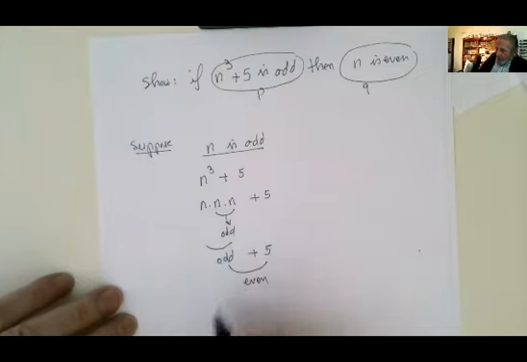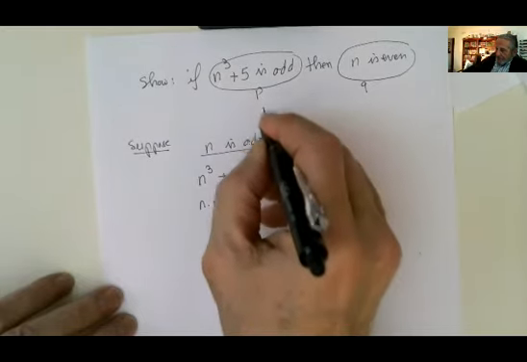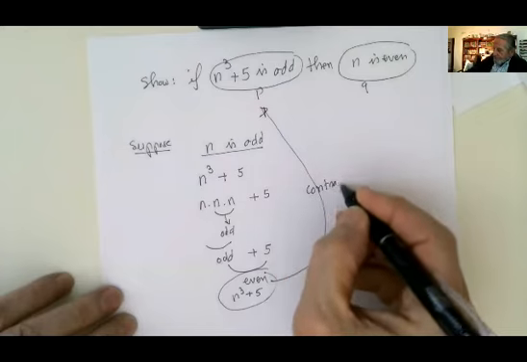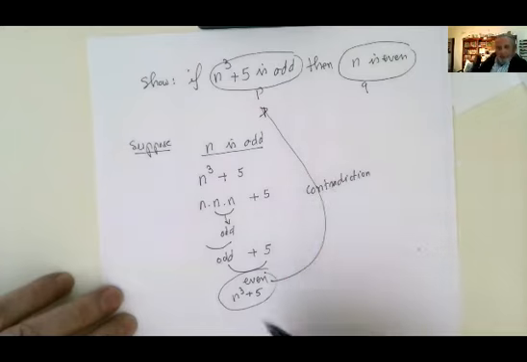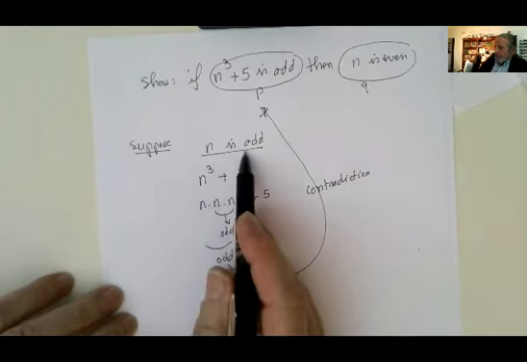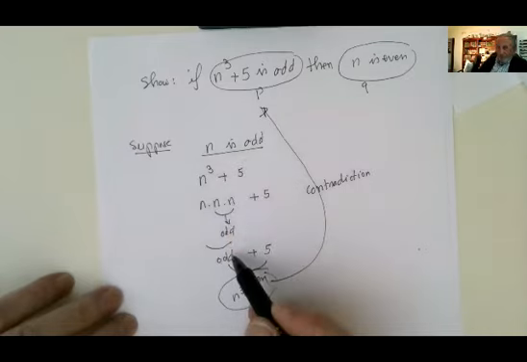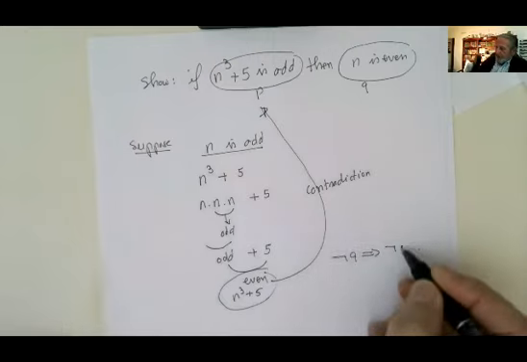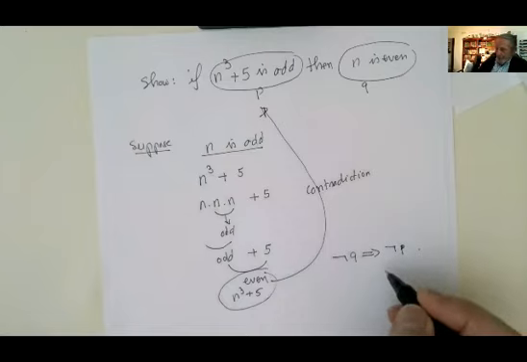So n cubed plus 5 is even. And n cubed plus 5 is odd. And that's a contradiction. Why did we get this contradiction? Because we assumed n to be odd, then n must be even. Also, you look at it as if we proved not Q implies not P, which is proof by contraposition.